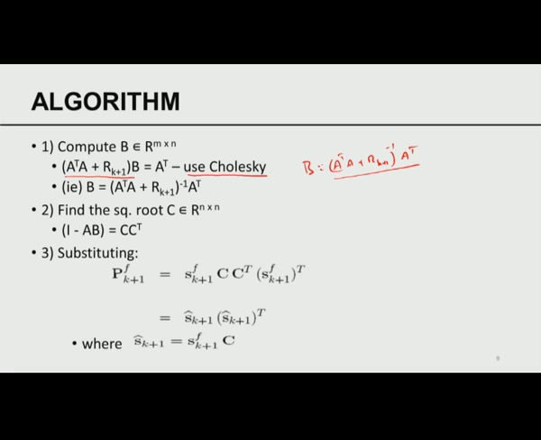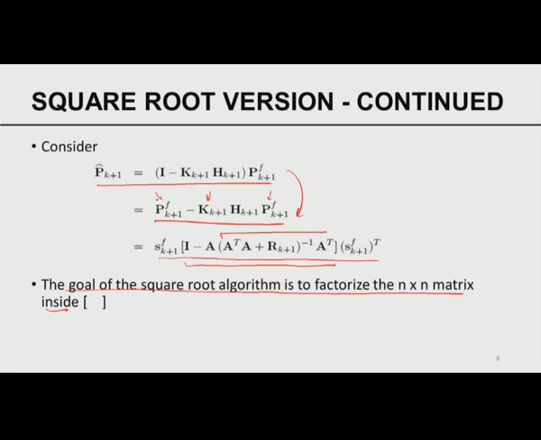The product is simply the solution of A transpose A plus RK plus 1 times B is equal to A transpose. You are simply solving the system of linear equations to get this. So once you get B, going back to the previous slide, pk plus 1 is equal to xk plus 1, the term within parenthesis, sk plus 1 f transpose.